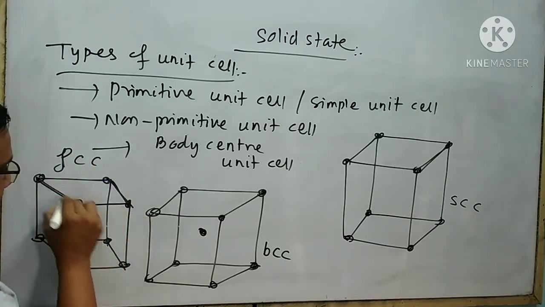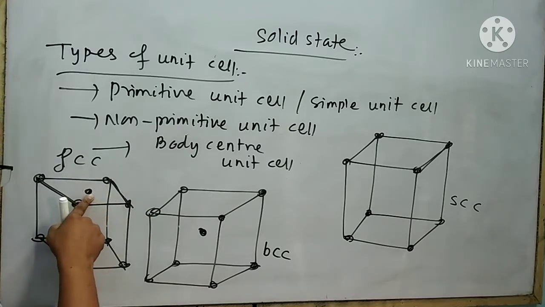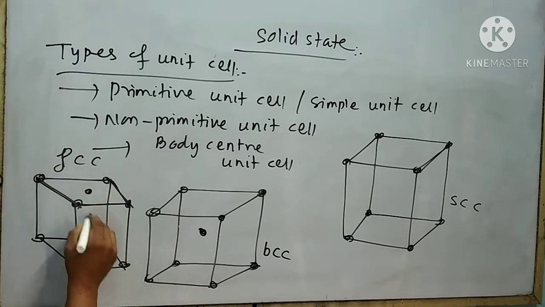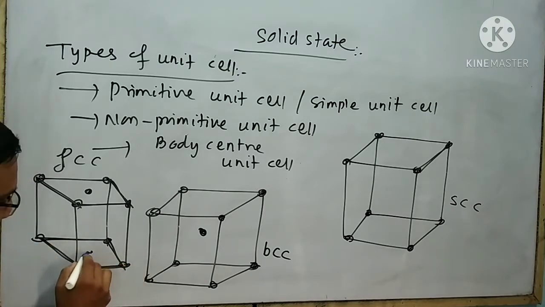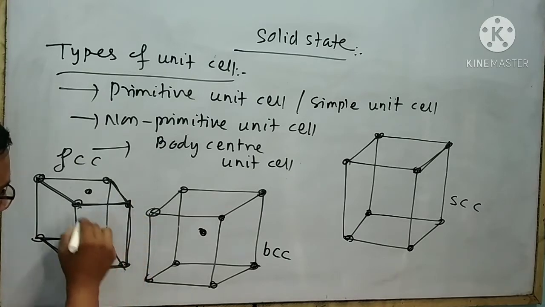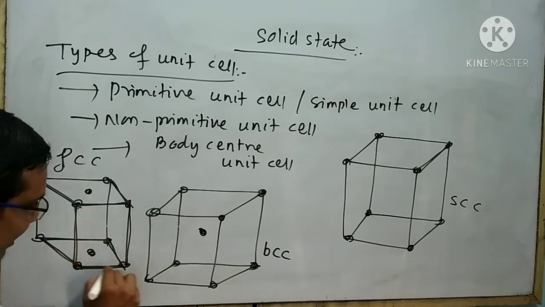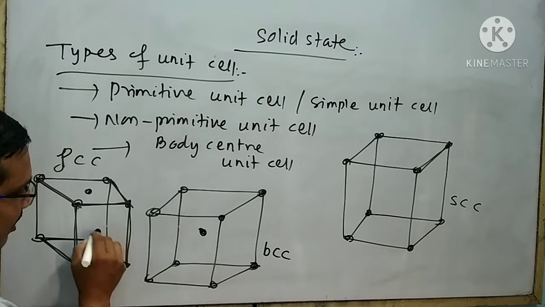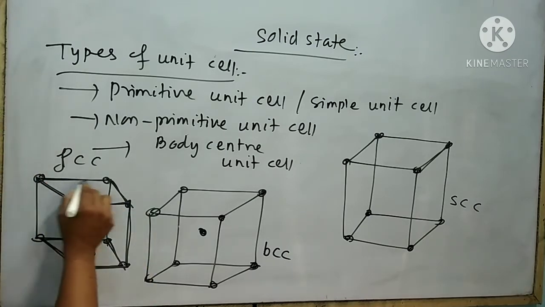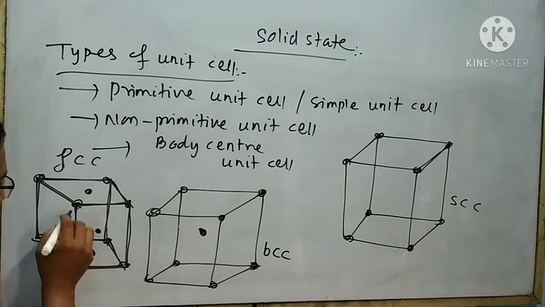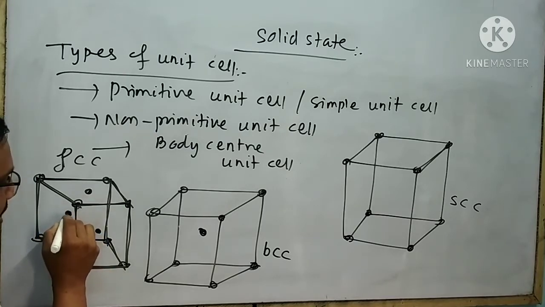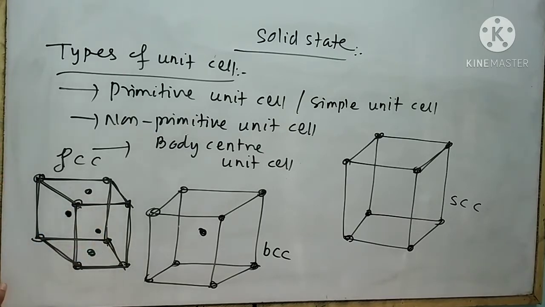This is one face, and one constituent particle is present. This is the front face. Here also one constituent particle is present. This is the back face. This is the center. Here also one constituent particle is present.